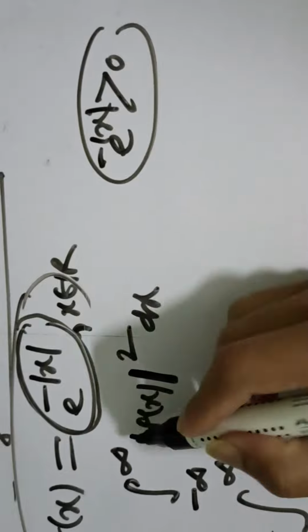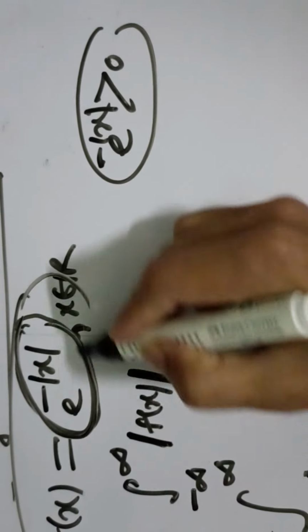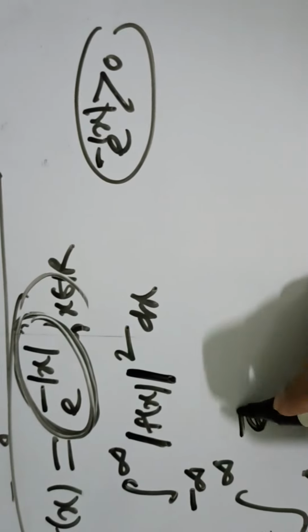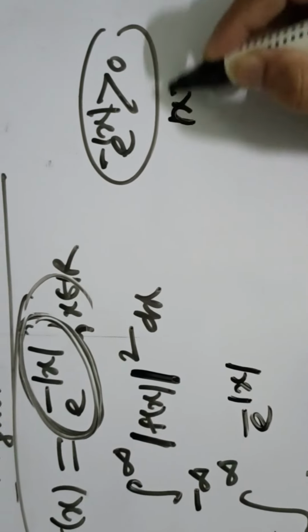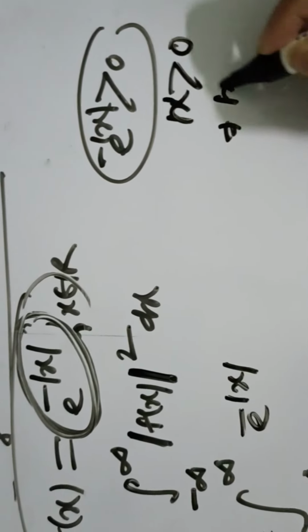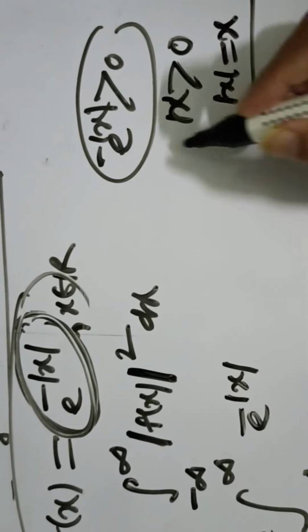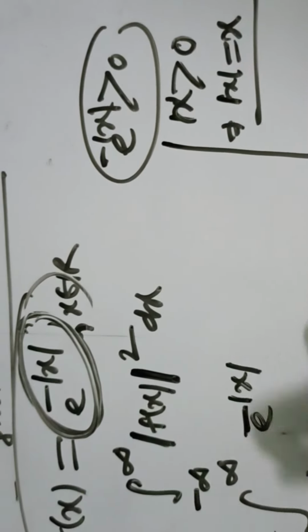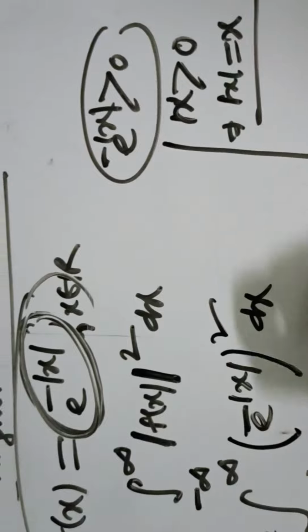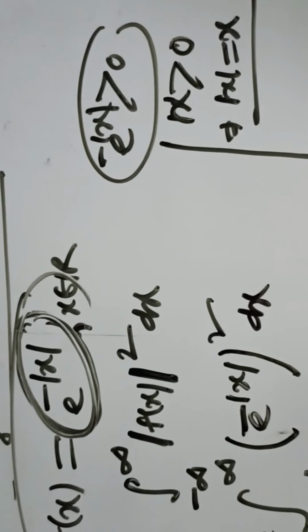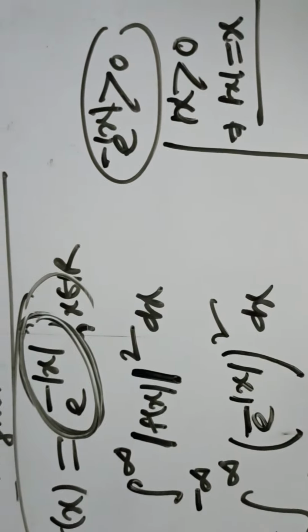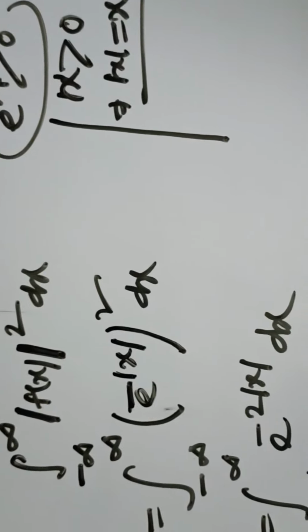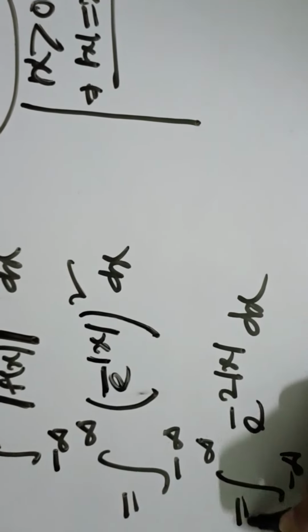So for a positive function there is no need to take its mod, since for x greater than 0, mod x equals x. Since e to the 2 mod x is greater than 0, the mod of it is itself, and outside is the square. So we get the integral from minus infinity to infinity of e to the 2 mod x dx, right?